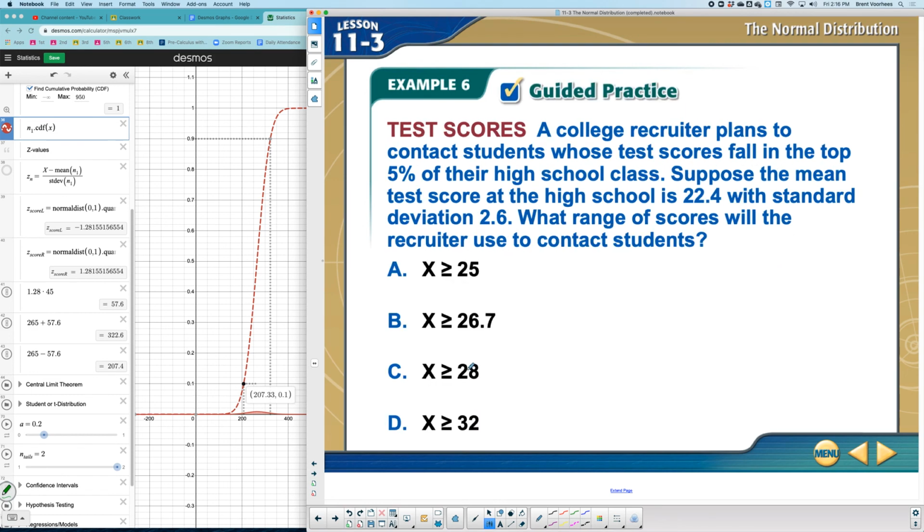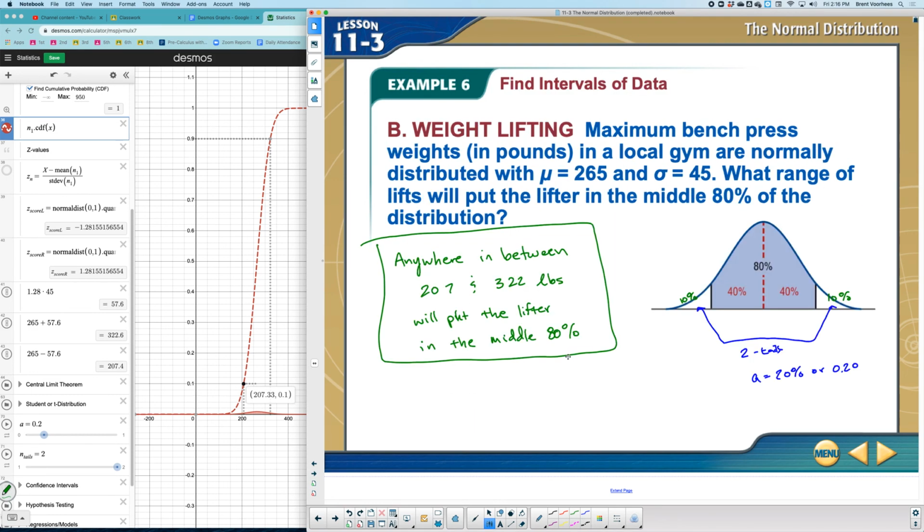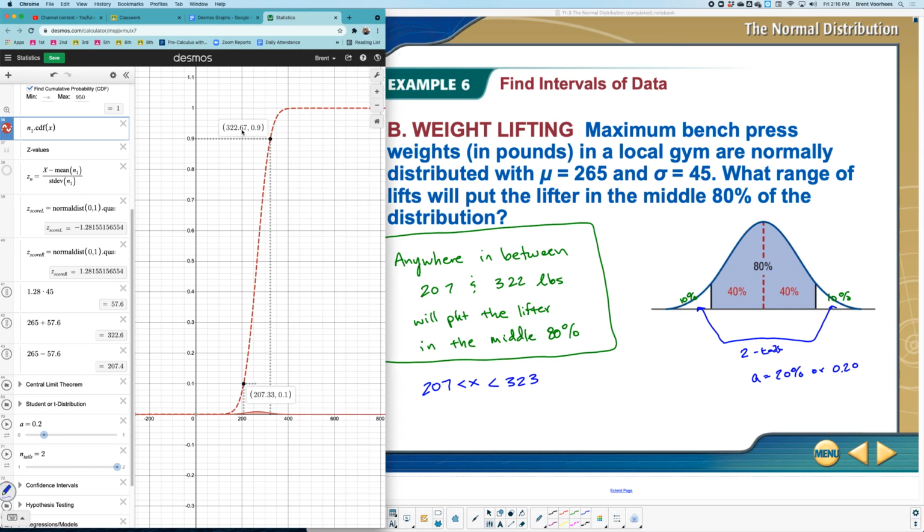So you could also use, you see how they use these symbols? I could just say x, 207 needs to be less than x, which is less than, I'm going to say now 323 because I'm using the less than symbol. It's not equal to, so to be within here, I would need to be greater than 207, but less than 322.67.